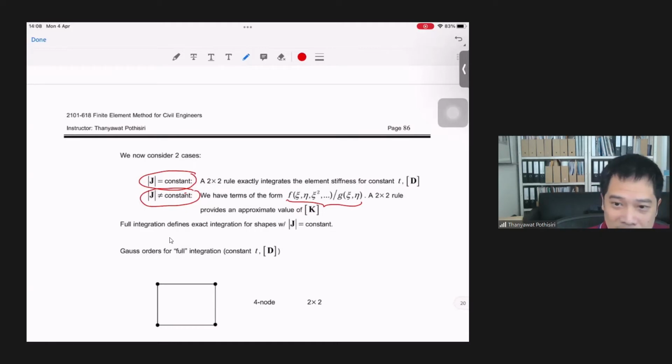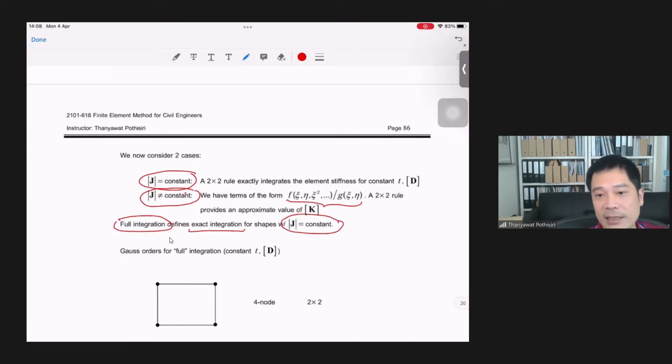Okay, so now in practice, we call full integration the number of sampling points that can exactly integrate your element stiffness matrix for the case with J being constant.